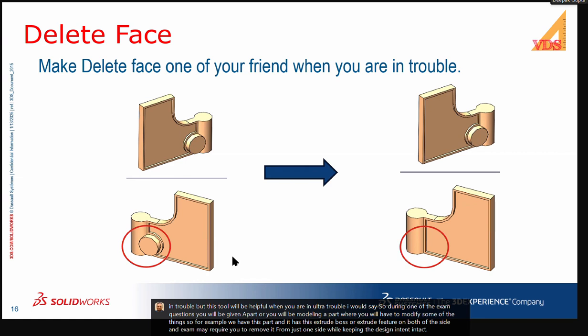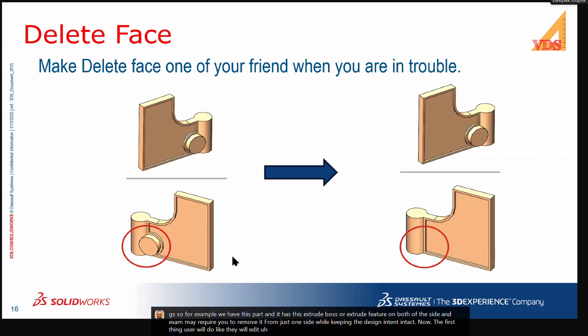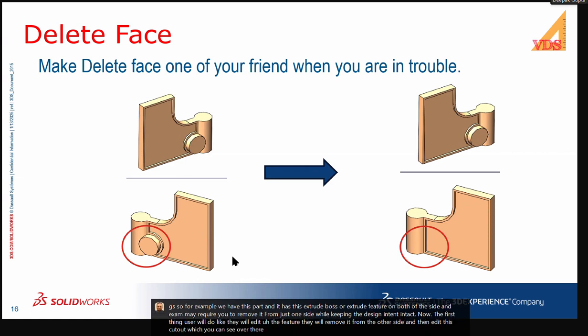The first thing a user will do is edit the feature, remove it from the other side, and then edit this cutout which you can see over there to get to the right answer. But it may not be possible if you are given a part which has an imported body and no history.